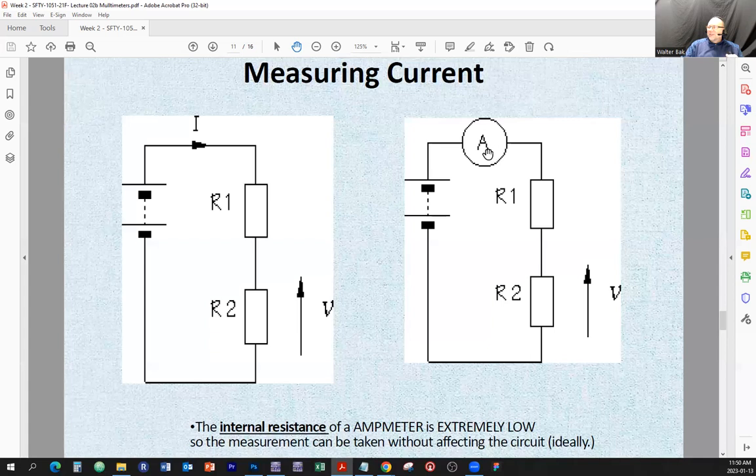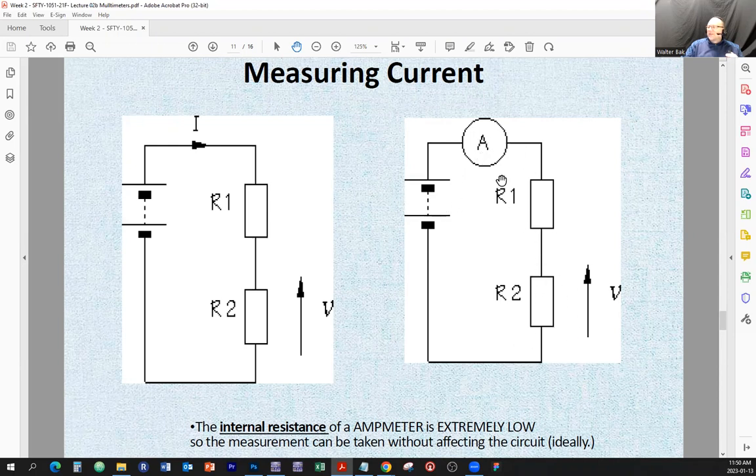Because let's say this resistor R1 is 100 ohms, this resistor R2 is 50 ohms, we're going to have 150 ohms total resistance between these two. And if the amp meter has a resistance of 50 ohms, then the total resistance changes to 200 ohms.